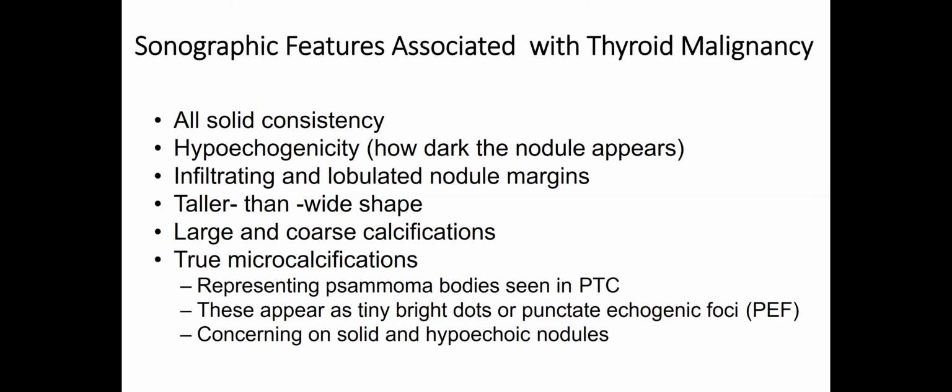It is also important to know what the experience of the radiologist is in reading thyroid ultrasound. Sometimes thick colloid may appear as echogenic foci or microcalcifications. So it's also important to really understand who is reading the thyroid ultrasound.